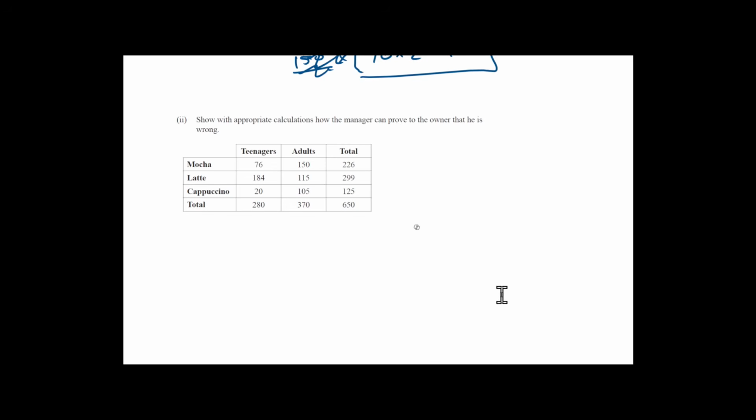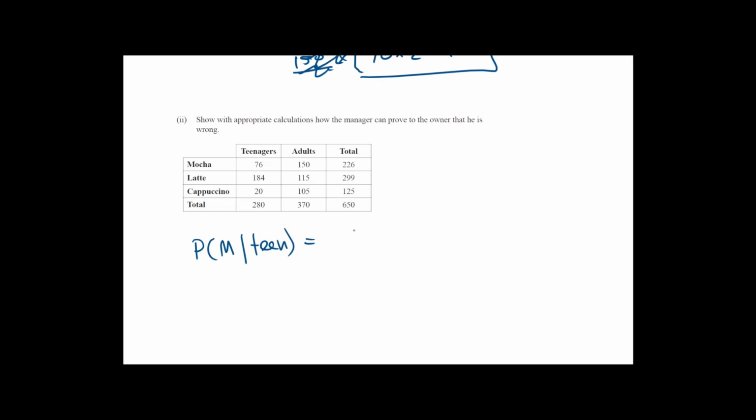All right. The next question is pretty much what I thought they might want us to do. I've cut and pasted the table. Show with appropriate calculations how the manager can prove that the owner is wrong. Whether that's a good idea or not, to get on the bad side of the owner, okay. So we want to work out the probability that you have a mocha given that you're a teenager.